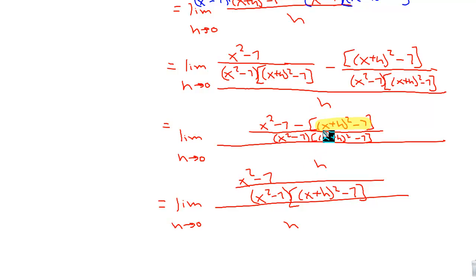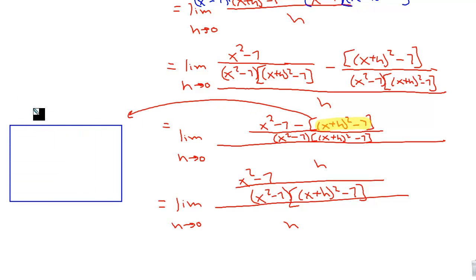So x plus h quantity squared. Let's do this off to the side. Including the negative in that. x plus h quantity squared is x squared plus 2hx plus h squared.